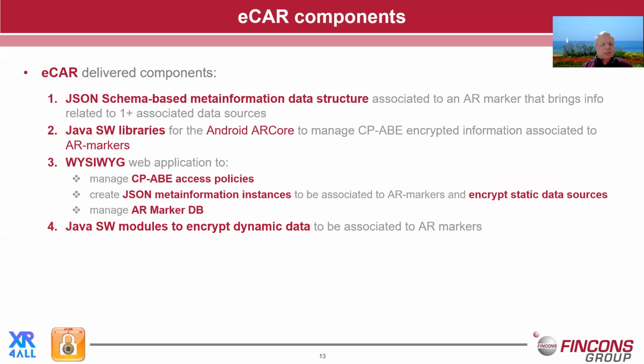Then we have a WYSIWYG web application through which you can manage the access policies, you can create instances of the metadata to be associated to the markers, and encrypt the static data sources.